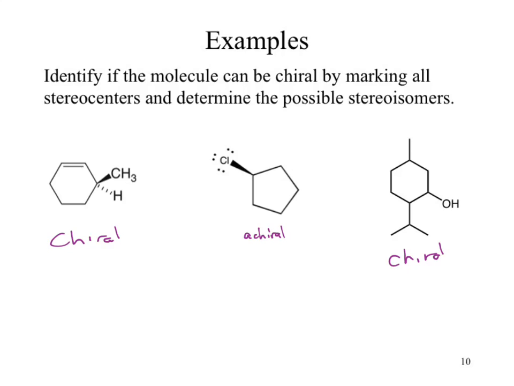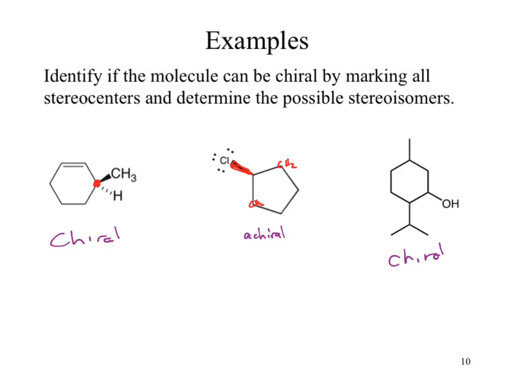Where's our chiral atom in our first structure? We've got our wedge-dash carbon. In our second structure, why does that one get tricky? One of the big red flags for chirality is wedges and dashes. What do we see in that second structure? A big honkin' wedge. So we might say, oh, that's a chiral carbon. It's not chiral, because what do we do? We evaluate. Is there a difference between CH2 and CH2?